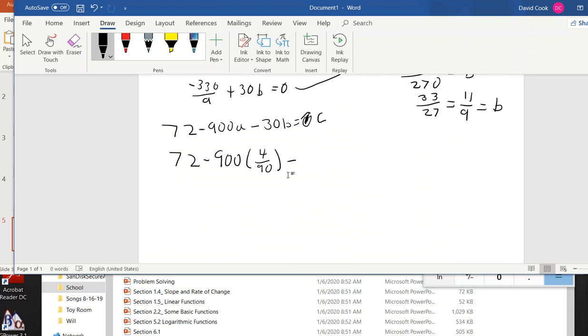So this is 30 times 11 over 9. All of that is going to equal C.